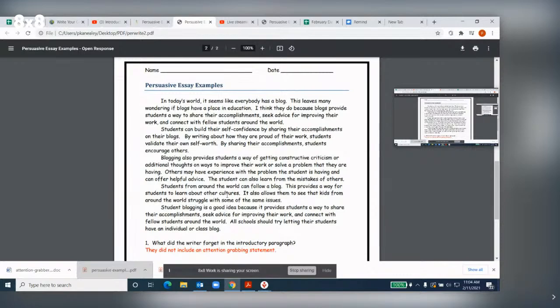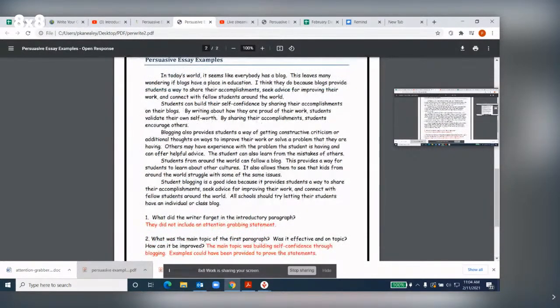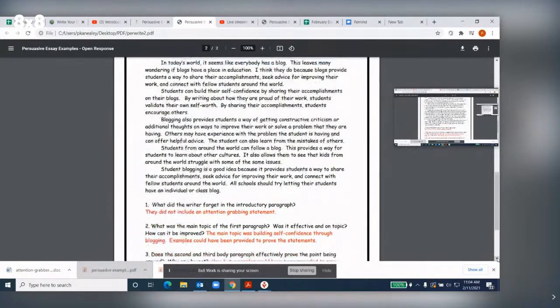Okay, so let's look at the second paragraph here. It says, students can build their self-confidence by sharing their accomplishments on their blogs. By writing about how they're proud of their work, students validate their own self-worth. By sharing their accomplishments, students encourage others. Once again, the main topic was building self-confidence through blogging. Examples have been provided to prove these statements. So that one's okay, but maybe one thing you might want to put in there is an accomplishment.